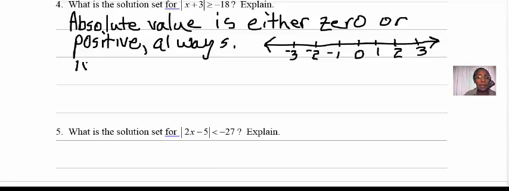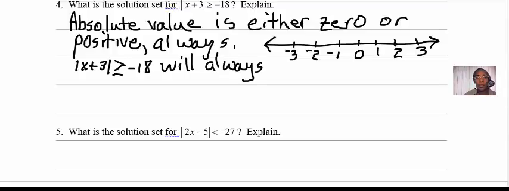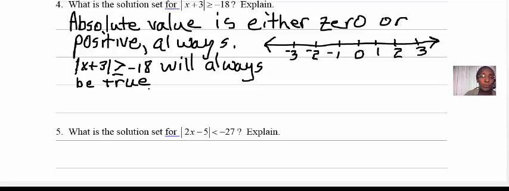So this statement, absolute value of x plus 3 greater than or equal to negative 18, will always be true. We're really saying something that's always positive or 0 is always bigger than something negative. It's never equal to something negative, but as long as we can make the greater than part of this true, it will always be true.